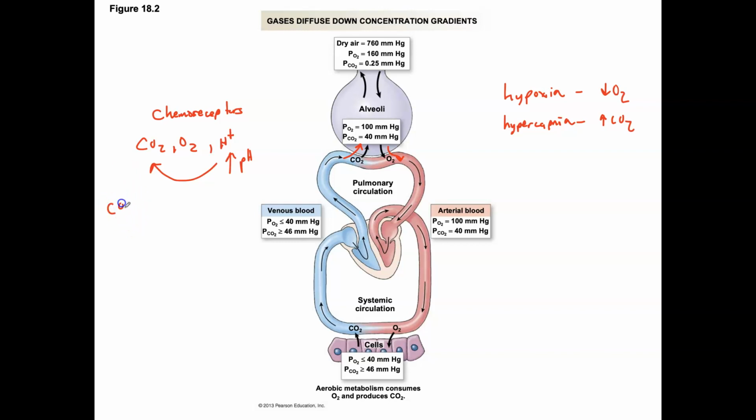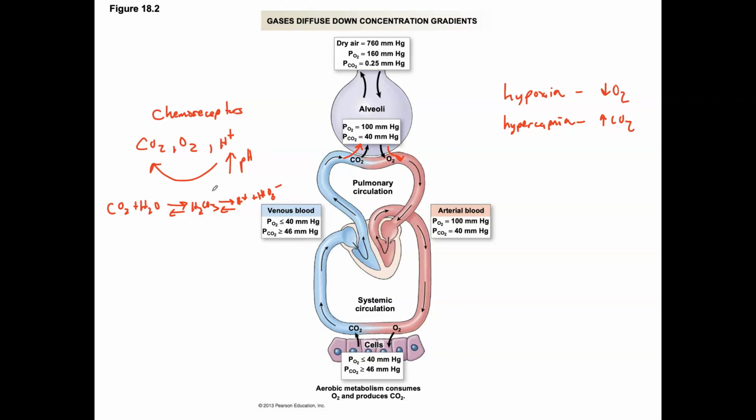So CO2 mixing in water will give us carbonic acid, and carbonic acid can dissociate into hydrogen ions and bicarbonate. So there's a relationship between carbon dioxide levels and hydrogen ion levels.